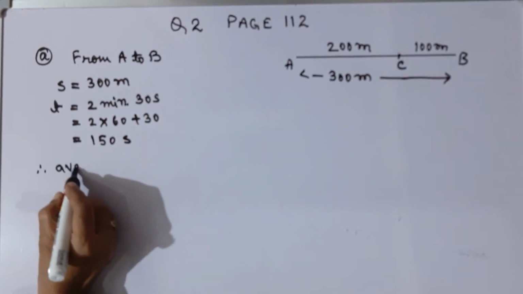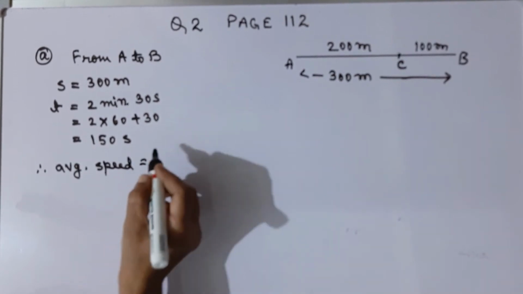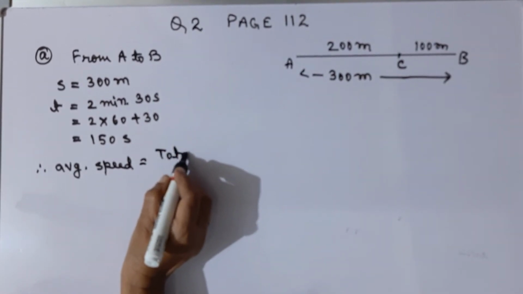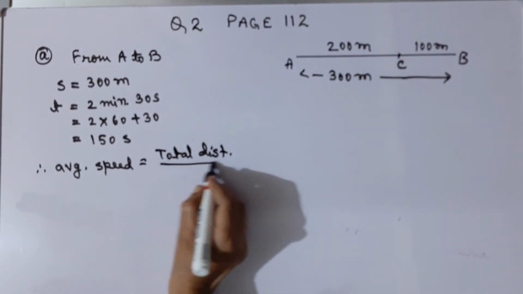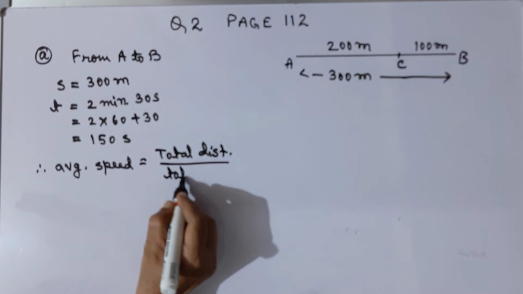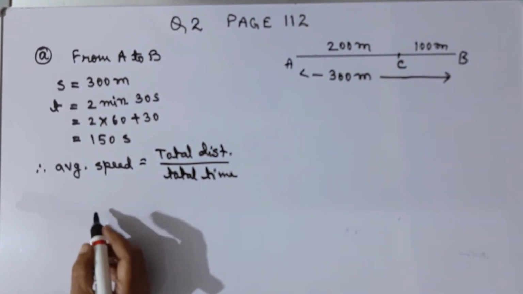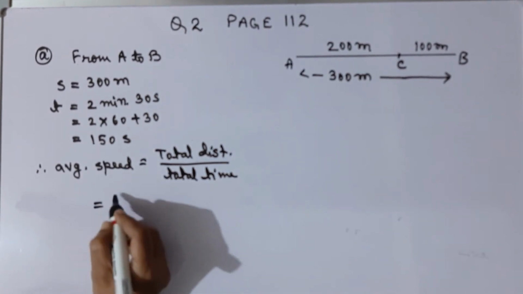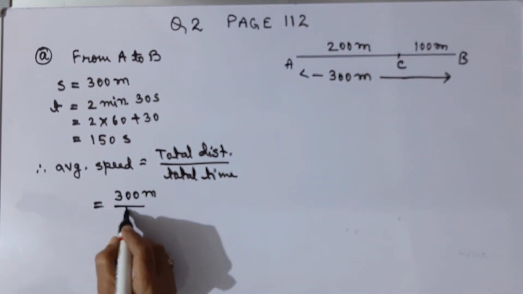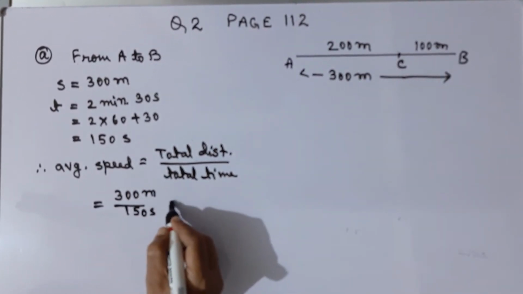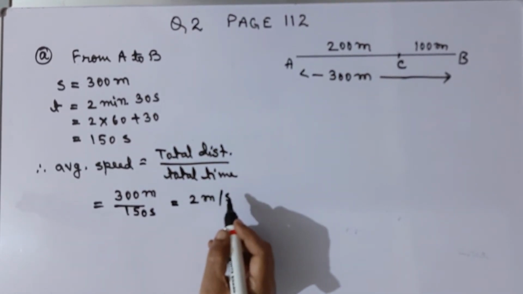The average speed will be given by the total distance divided by the total time, which is equal to 300 meter upon 150 seconds, that is 2 meter per second.